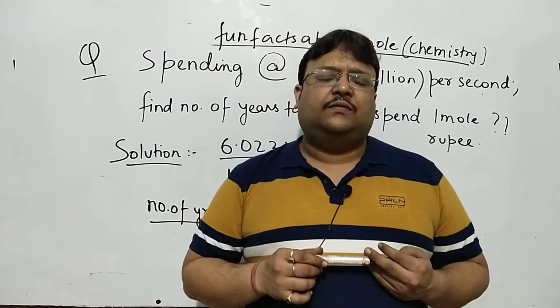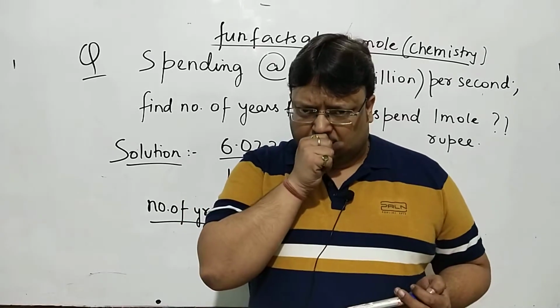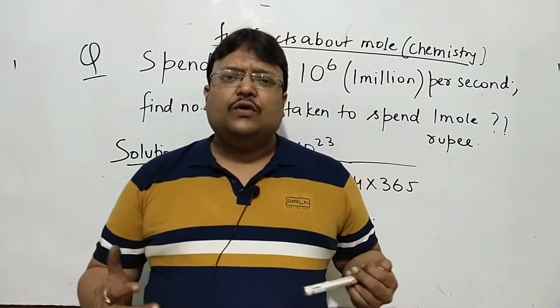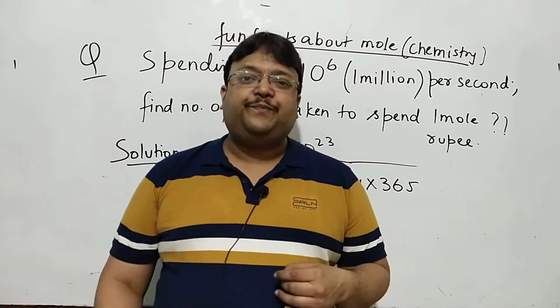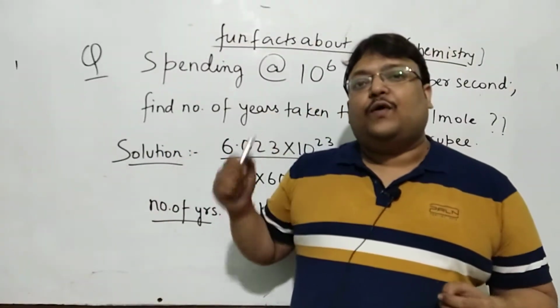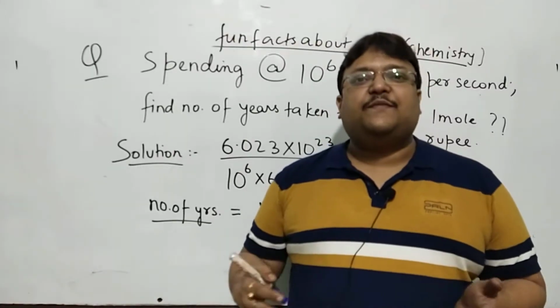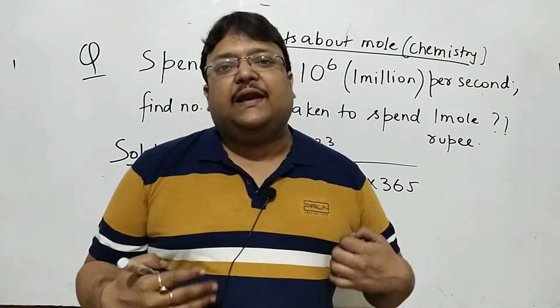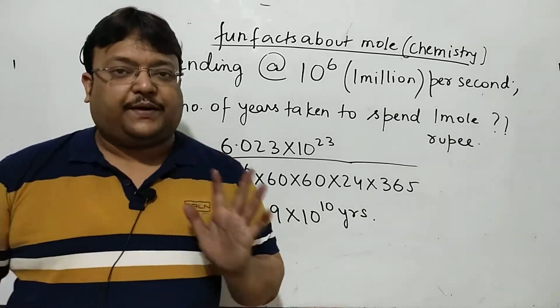Suppose you are given 1 mole of coins. Yet again, 1 mole of coins cannot be made, because if you go about making 1 million coins per second, the number of years taken to prepare 1 mole of coins will be 1.9 into 10 to the power 10 years.